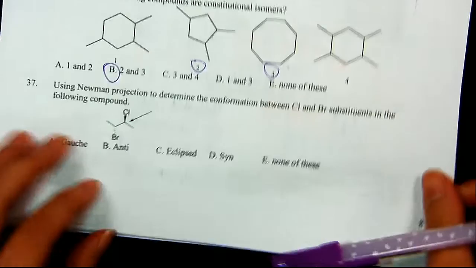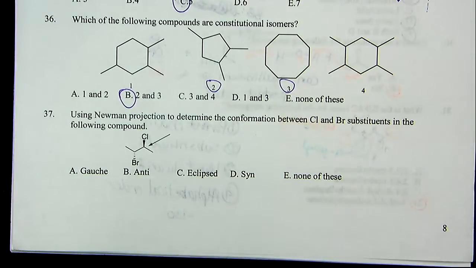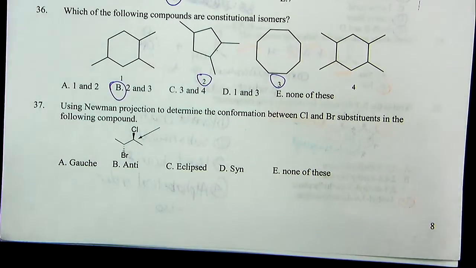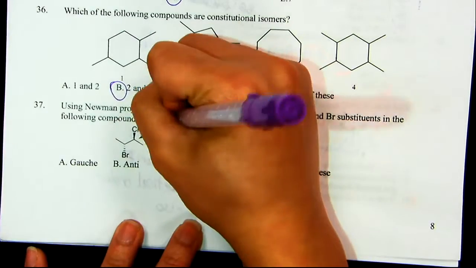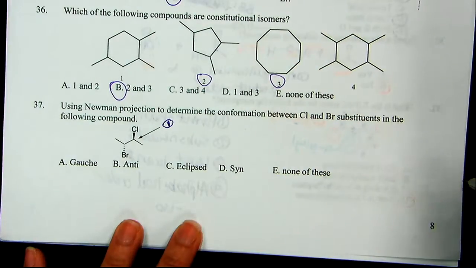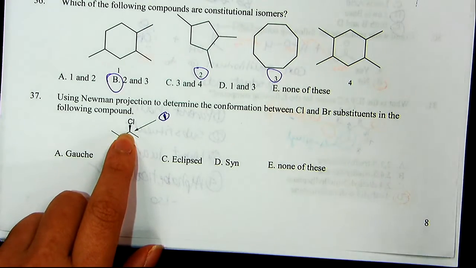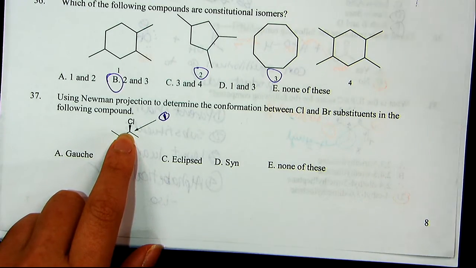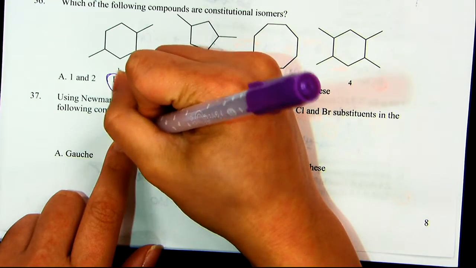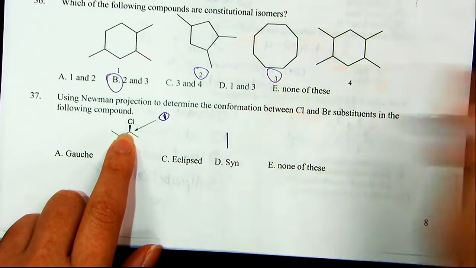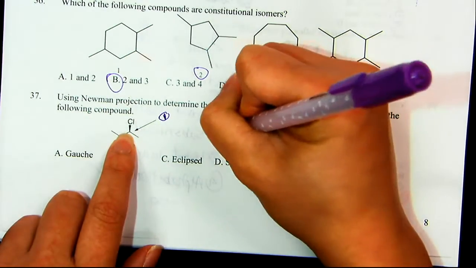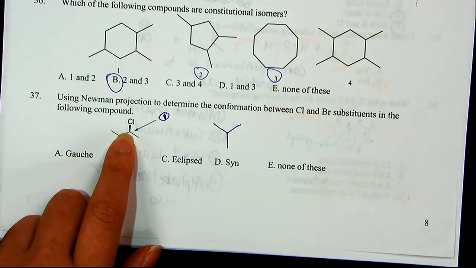Alright. So now we have the linear projection, something that everyone really hates. Looking down this bond, you draw your eyes looking down towards that bond. The main stick on the front carbon, the one that's not a solid or dash wedge, is this main line coming down. So your front carbon is going to have the stick pointing down, and your other 2 arms are going to come towards that direction.